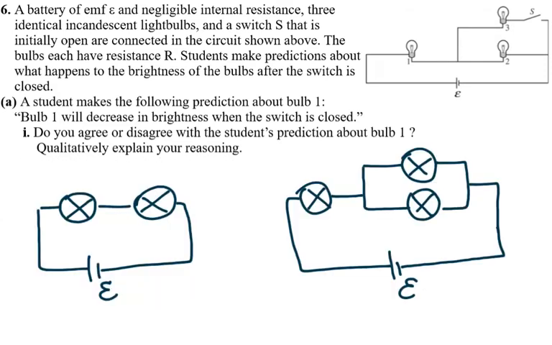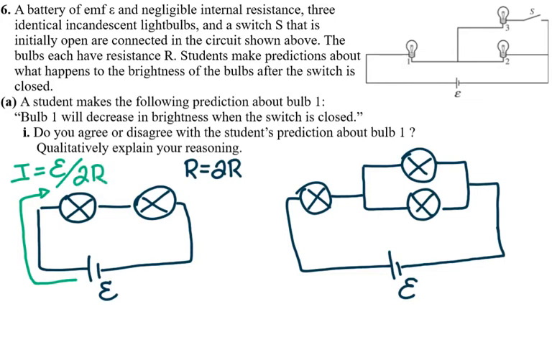I redrew 2 circuits for you. So in the first circuit, before the switch is closed, the total resistance is 2R. So the current through the circuit is equal to the voltage divided by the total resistance.